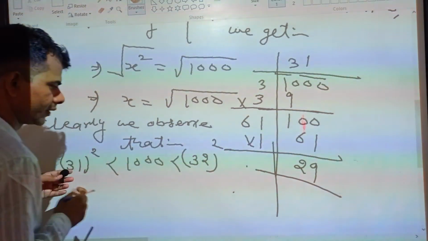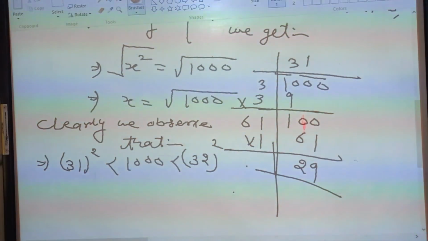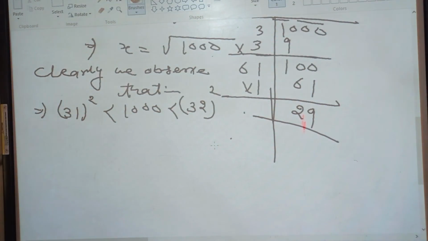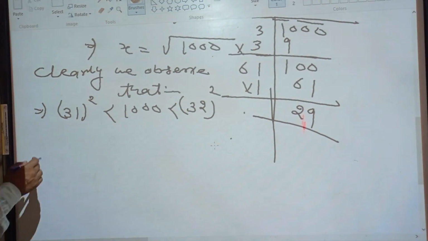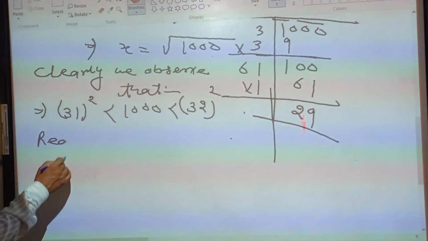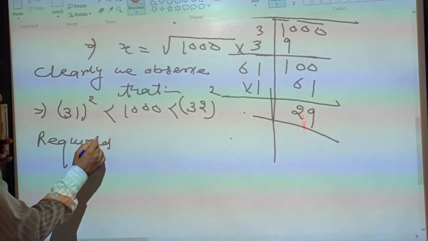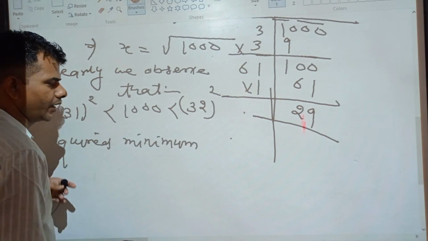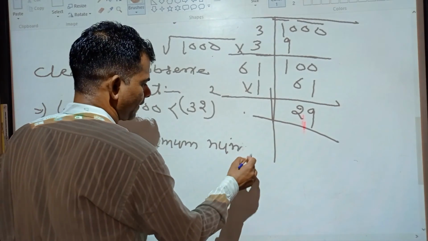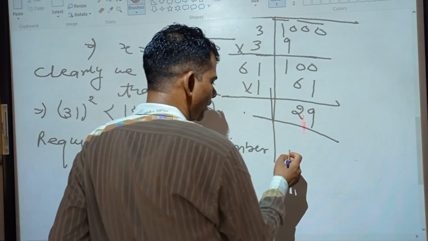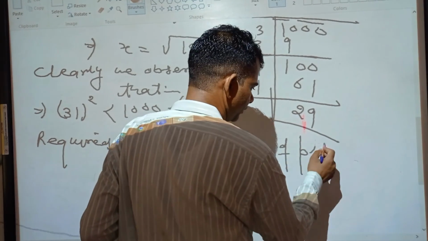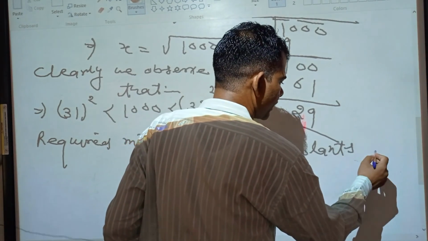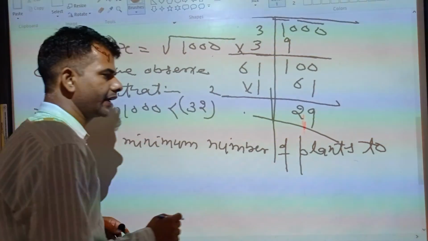32 square. Required minimum number of plants to make it a perfect square number.